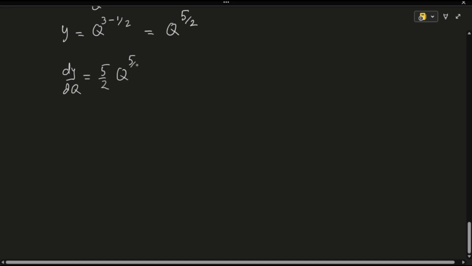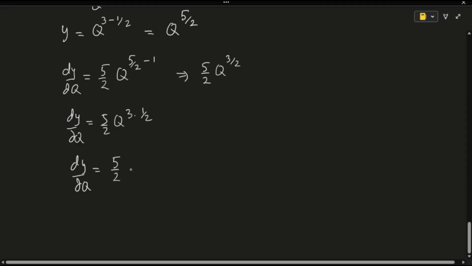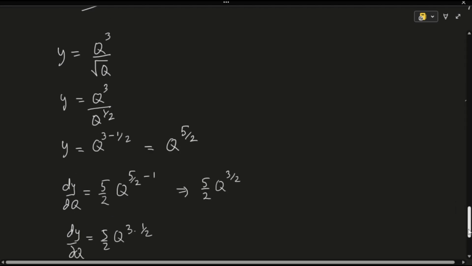Then we subtract 1 from it, which can also be rewritten as... so simplifying further, we do have... which means dy dq is given by... so this is the answer, and that is the derivative of this expression over here.